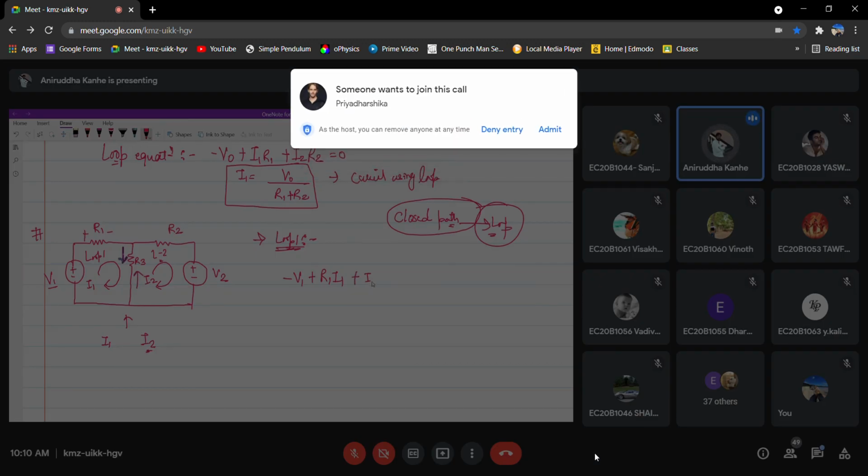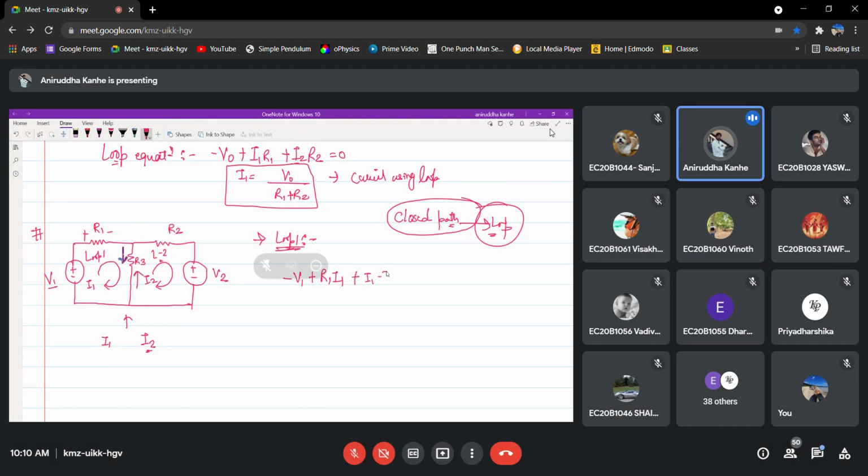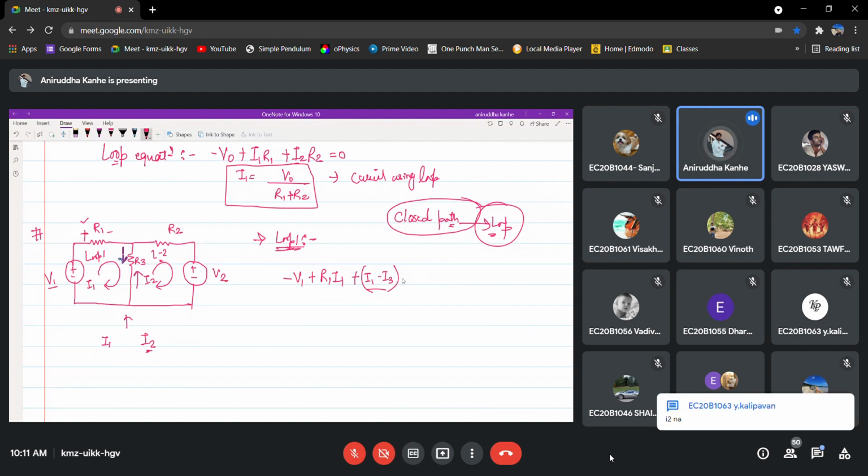So we will write I1 minus I3 instead of I3 minus I1, because unless otherwise mentioned, we always consider the drop across that particular resistance such that the current under consideration is the higher value. Hence, I1 minus I3 you have to write. So I1 minus I3 into R3 is 0.